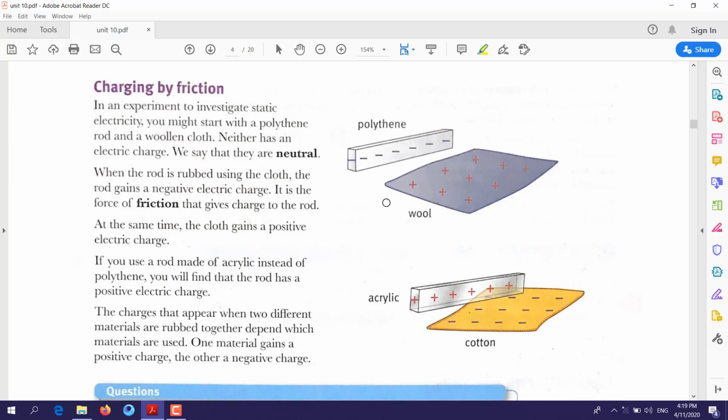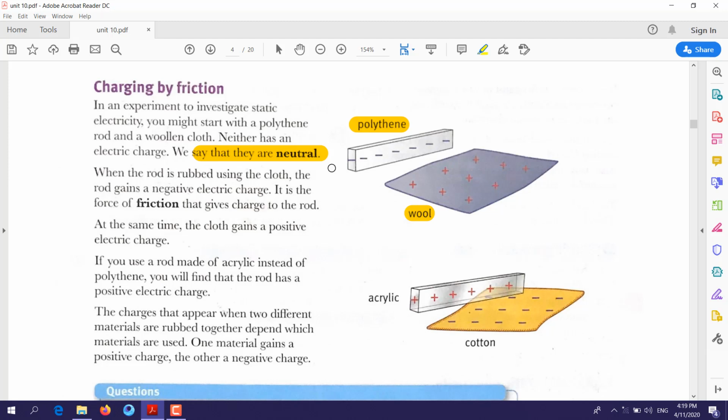For example, here we have polythene and wool, these two objects. Before you rub these two objects with each other, they will not have any charge. When they don't have any charge, we call them neutral. Neutral is any object that doesn't have a charge.